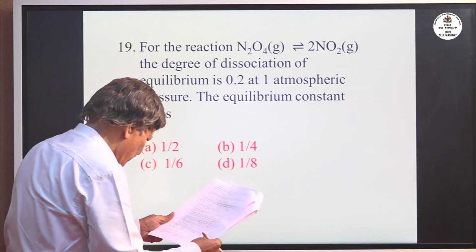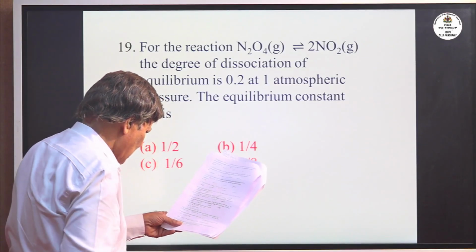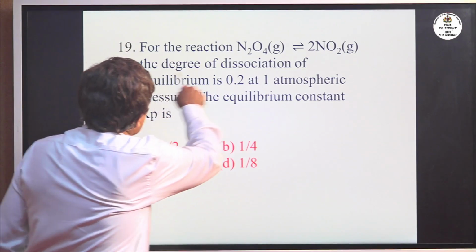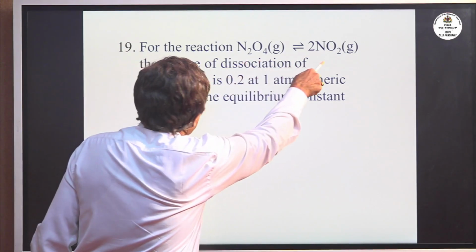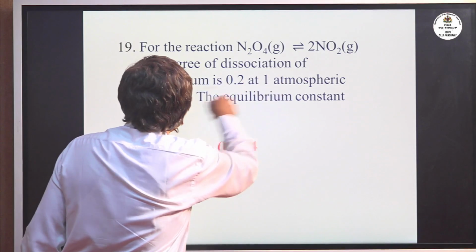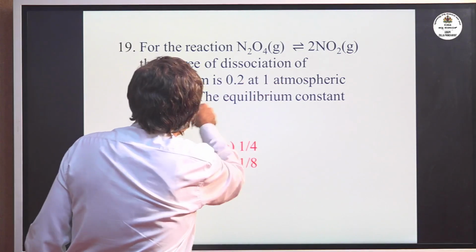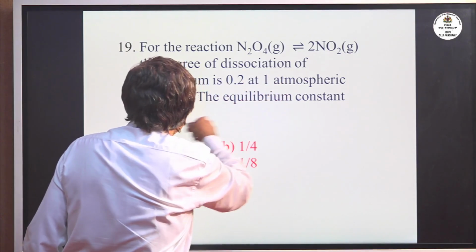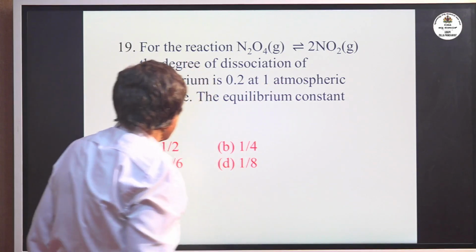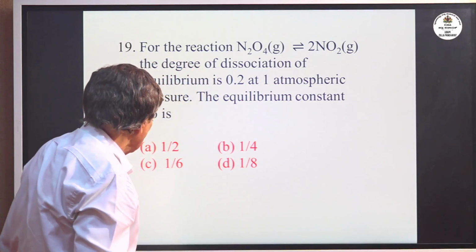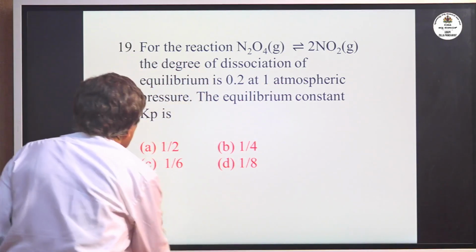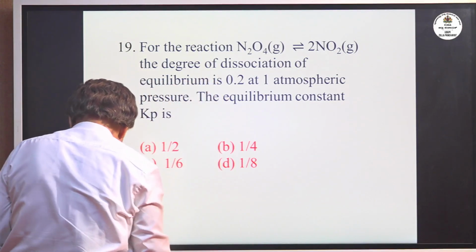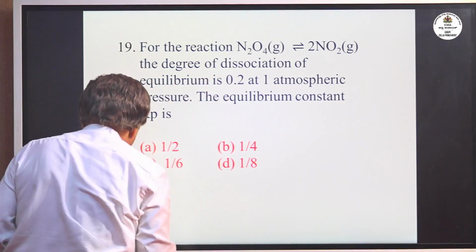Next one, see here. For the reaction N2O4 giving 2NO2 gas, the degree of dissociation at equilibrium is 0.2 at 1 atmosphere pressure. The equilibrium constant. Let me solve. So N2O4 giving 2NO2.